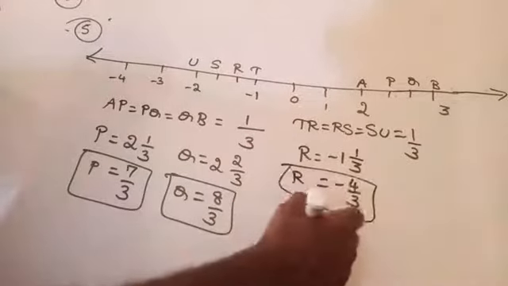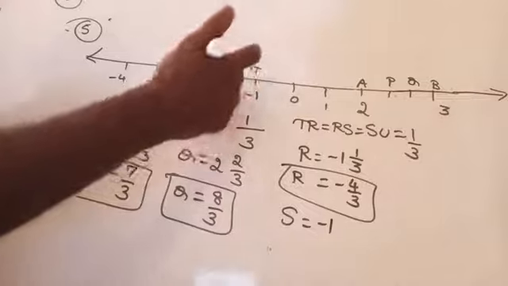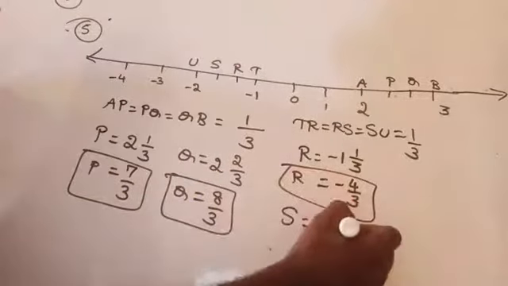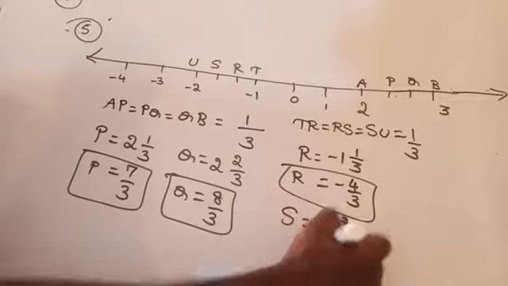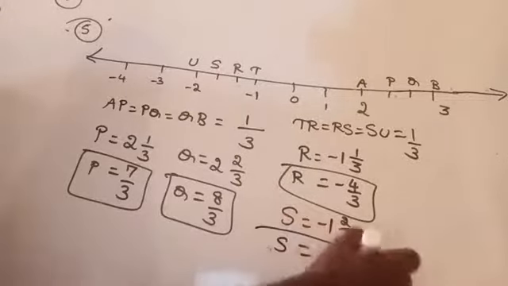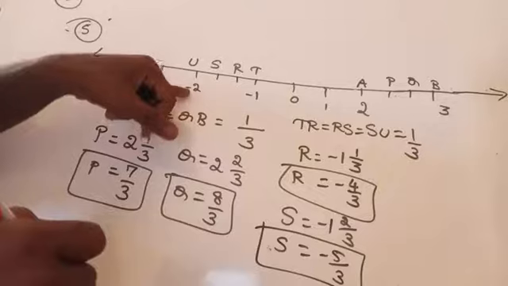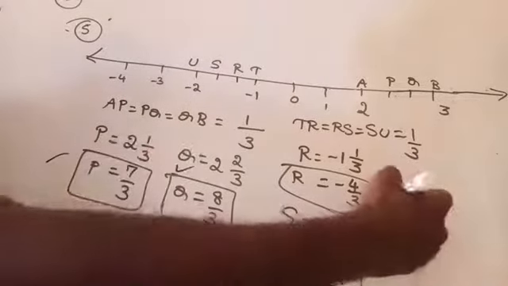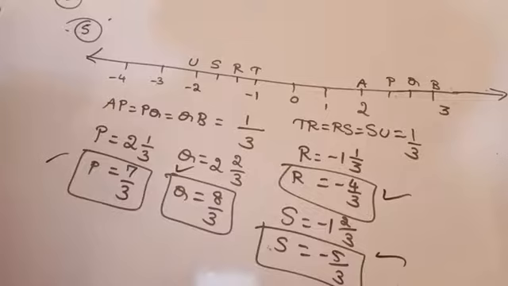S is minus 1 2 by 3. 1 into 3 is 3, 3 plus 2 is 5, so it is minus 5 by 3. Then minus 6 by 3 is minus 2. That's all. So we found P, Q, R as well as S. Are you getting there?